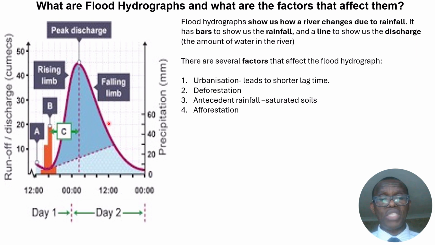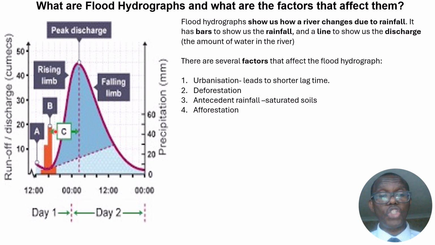Now, the other thing that is very important here to note is the lag time, which is labeled C over here. And the lag time is the difference between the peak rainfall, B, and the peak discharge over here. Now, the longer the water takes to get to the river, the less the flood risk, and that means that there will have been a longer lag time.